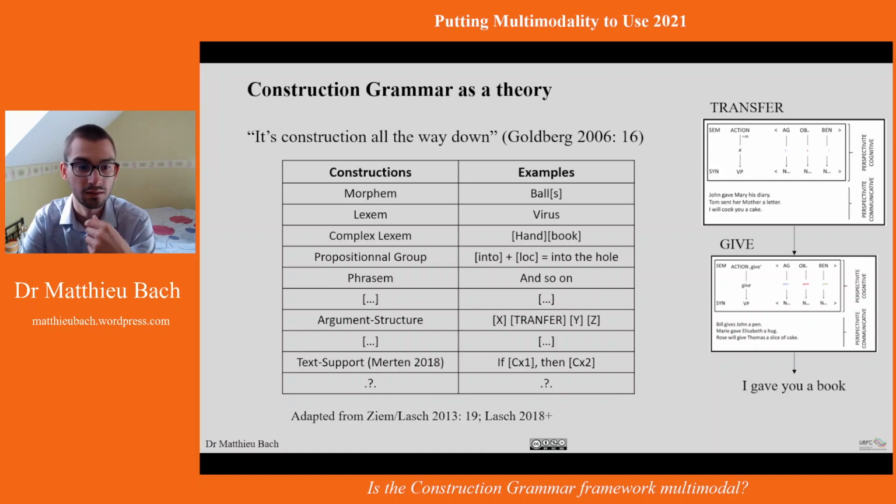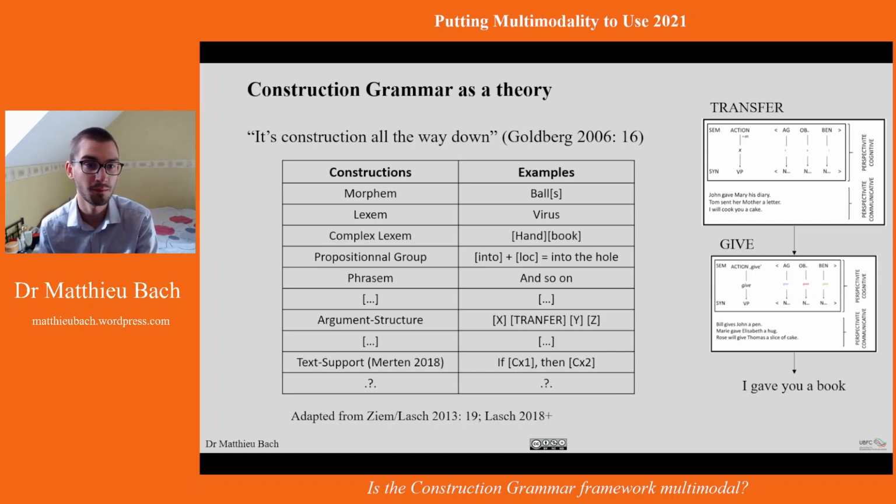So I take again the quote from Goldberg, it's construction all the way down, and as an example, I also take and adapt the examples of many constructions from Alexander Zim and Alexander Lasch, 2013 in the small handbook.